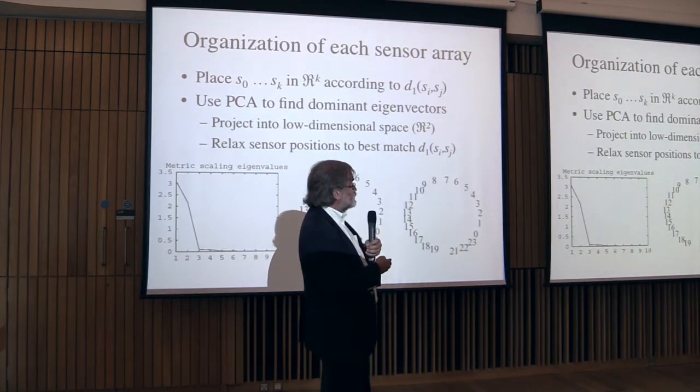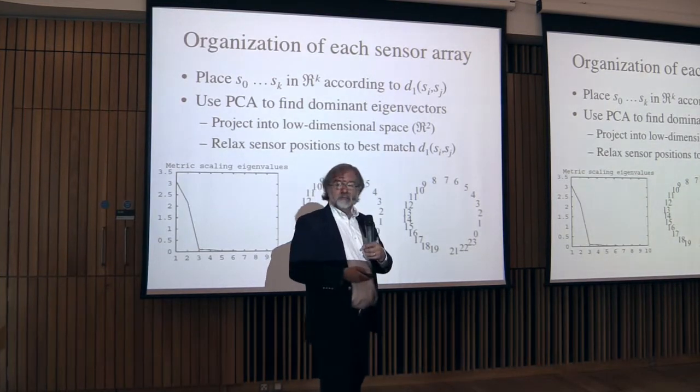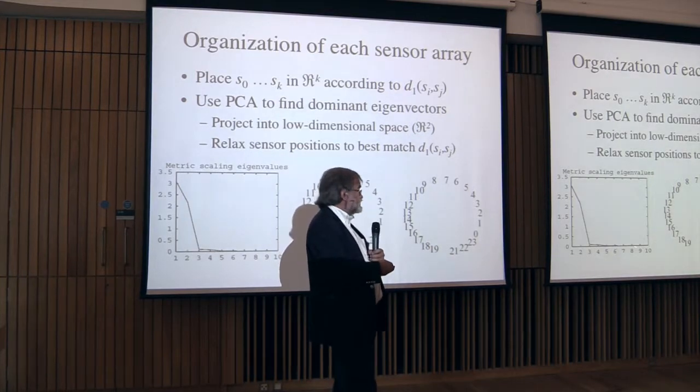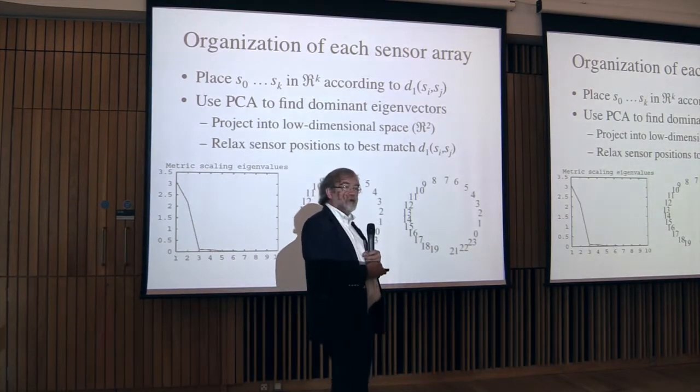Now the algorithm also then says, starting with this, what we'll do is use a relaxation algorithm to adjust those positions to use all of the information in the distance metrics. In this particular case, since there's so little information left over, you actually can't see a noticeable change.